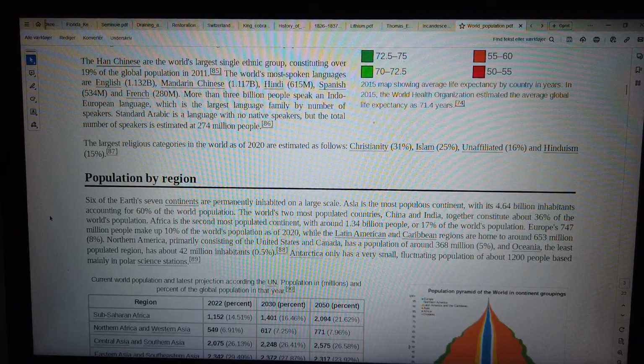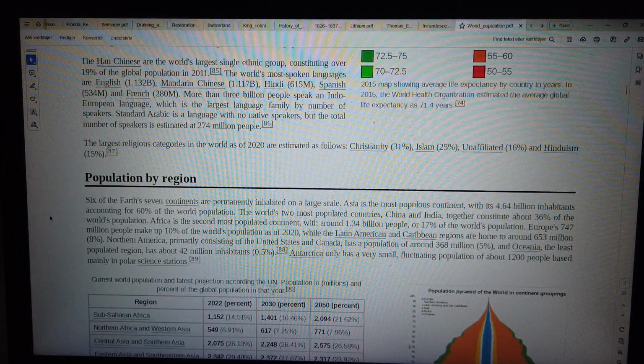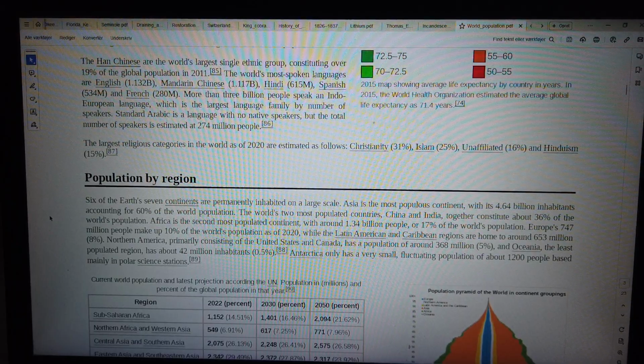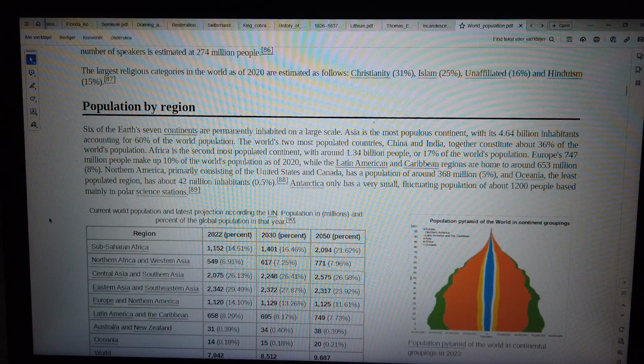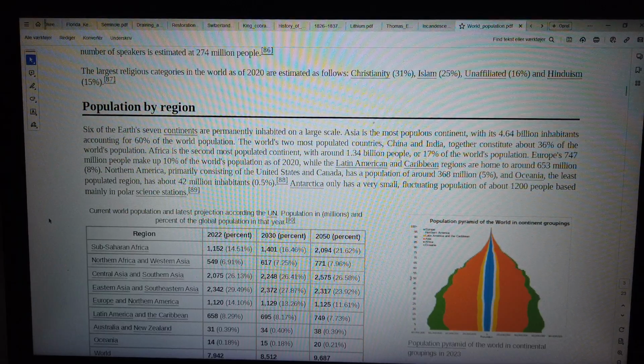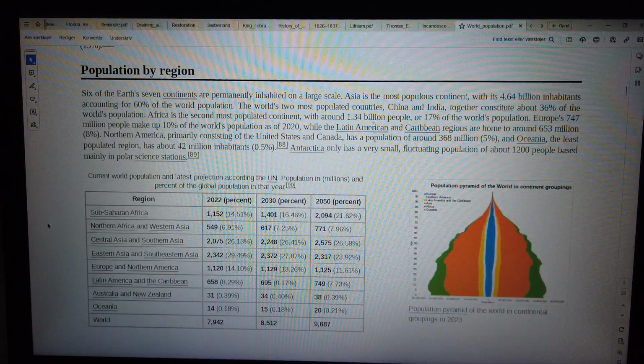Standard Arabic is a language with no native speakers, but the total number of speakers is estimated at 274 million people. 86. The largest religious categories in the world as of 2020 are estimated as follows: Christianity, 31%, Islam, 25%, unaffiliated, 16%, and Hinduism, 15%.